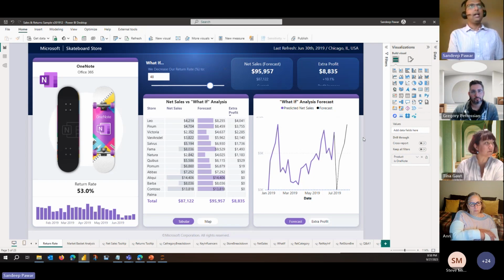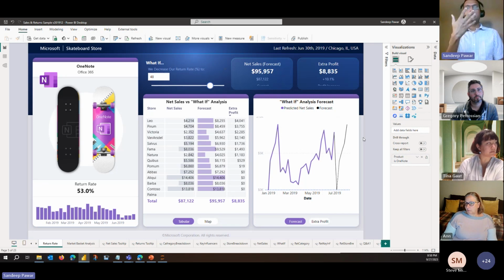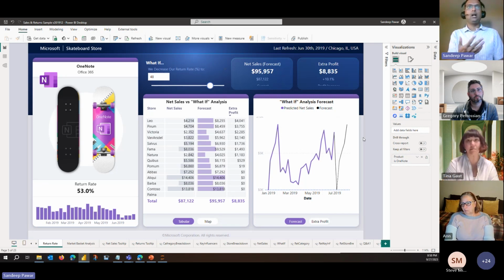I don't know if you have heard about that, but as a part of Fabric, Microsoft will be launching Semantic Link, which will allow data scientists and data analysts to communicate those measures with each other easily.